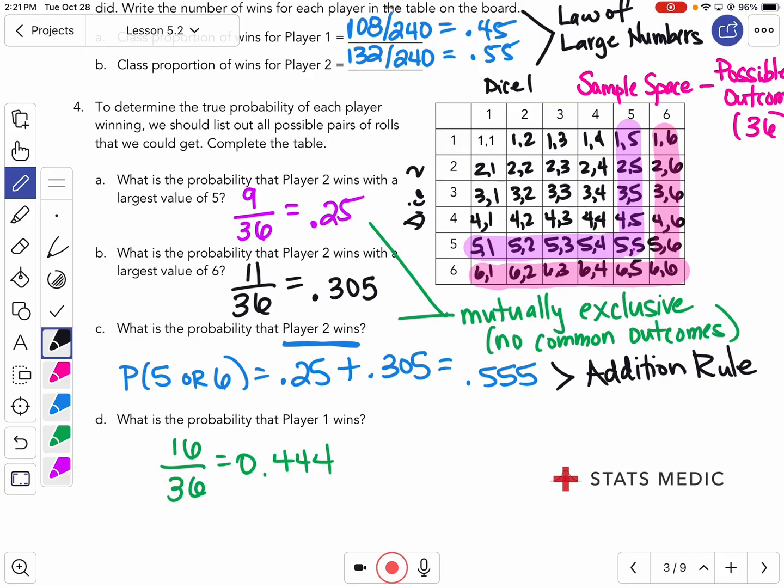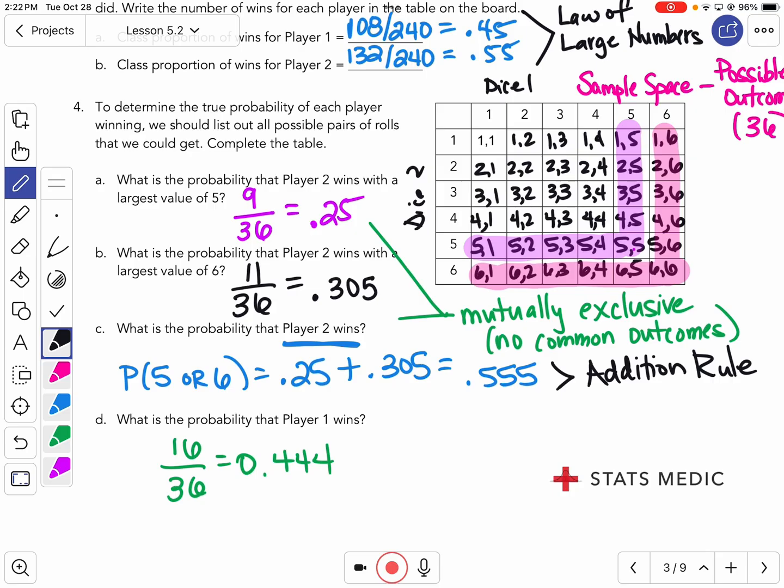Now, it's not a coincidence that we got 0.444, because of the last rule that we want to talk about in probability. We said that our total possible outcomes was 36. We knew that player 2 won if 20 of those were covered. How many are left out of the 36 if I've already used 20? 16. That's what we refer to as the complement rule. What numbers did we say probability fell between yesterday? Yeah, 0 and 1.